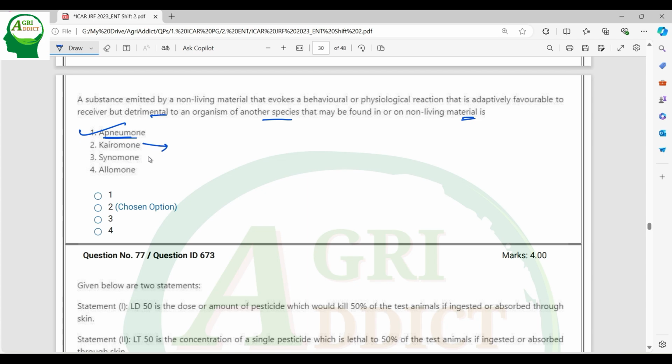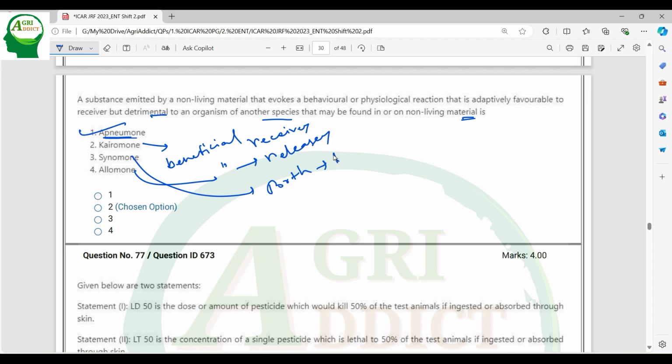So kairomone, what is kairomone? That is beneficial for the receiver. Allomone, beneficial for the releaser. Synomone, both receiver and releaser beneficial.